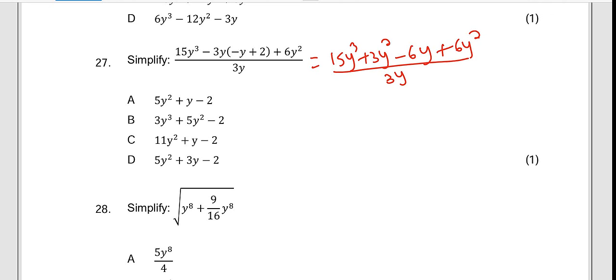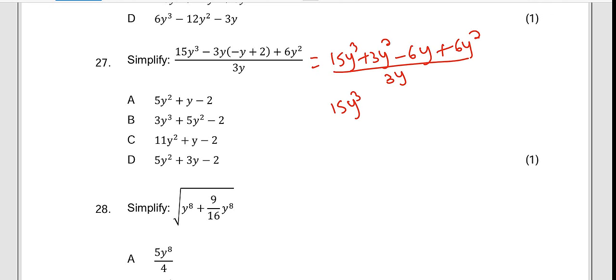Because we have one variable in the denominator, everything will be divisible by 3y. The first thing we need to do here is to add the like terms first. We do have like terms, this one plus this one.